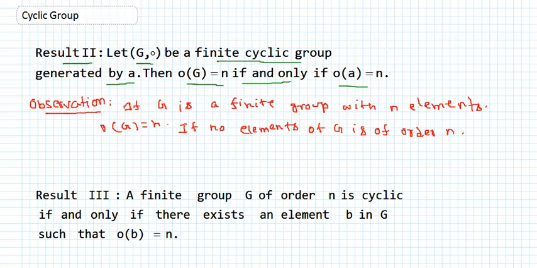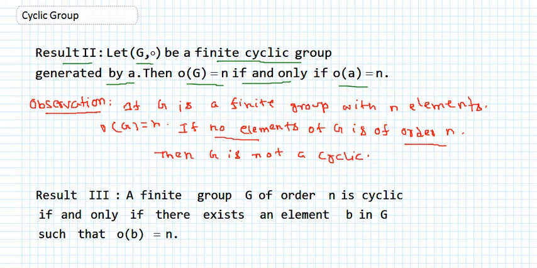So if we find no element whose order equals the order of the group, then G is not a cyclic group. Be very clear about these statements.